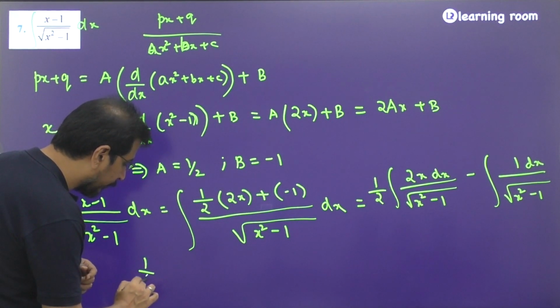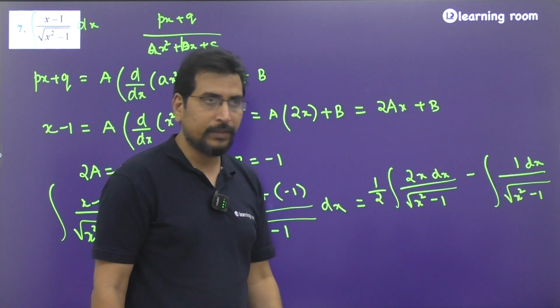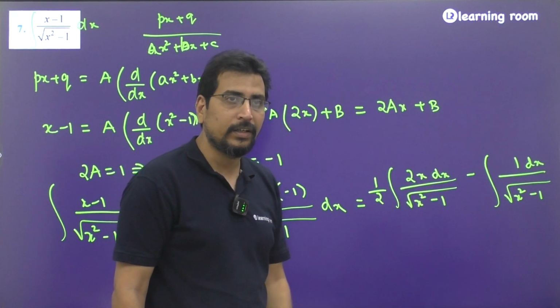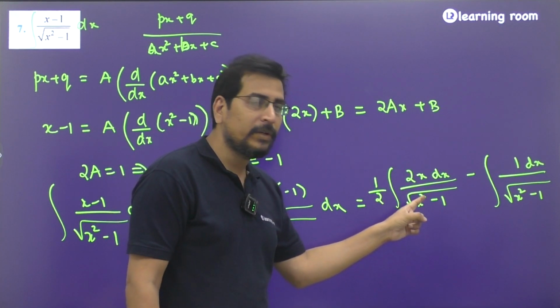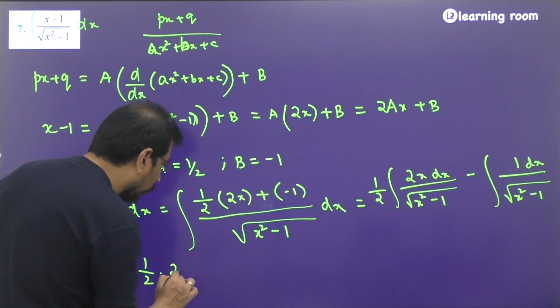Right. So half into, if I take x square minus 1 as t, what will be dt? 2x dx. So it is of the form dt divided by root t. So what will you have? You will have 2 times root t.